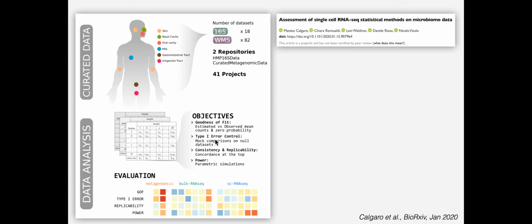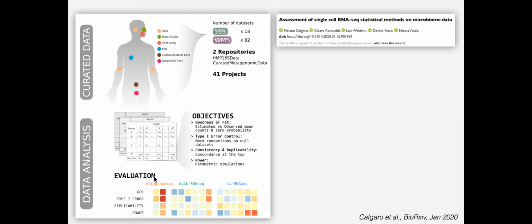You can take a look at this paper, I won't go over it in great detail, but just to highlight, they take a number of different kinds of data sets, 16S microbiome data, shotgun metagenomic data from a variety of different locations and projects spanning different body sites. And they use a number of statistical metrics to assess how well methods like DESeq, edgeR, or limma perform with data that's inherently more sparse, like single-cell seq data or shotgun metagenomic data, or 16S data.